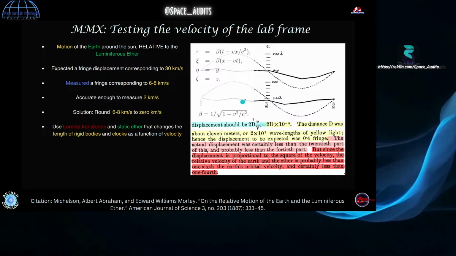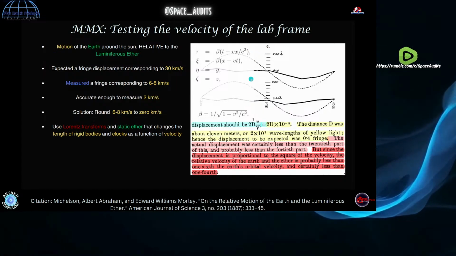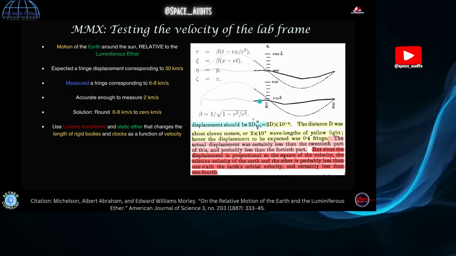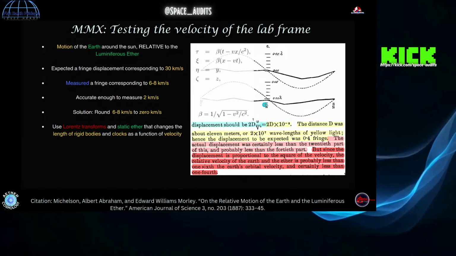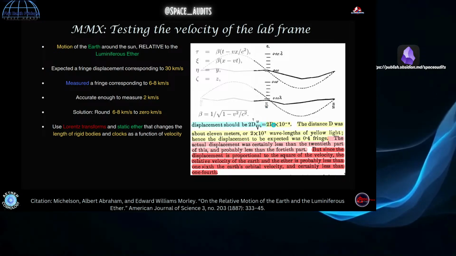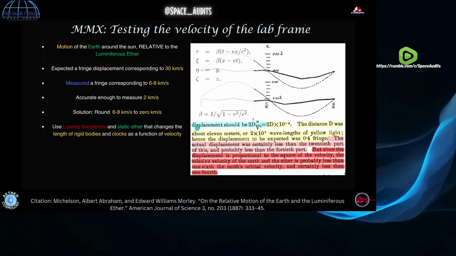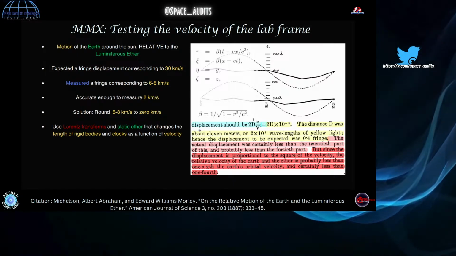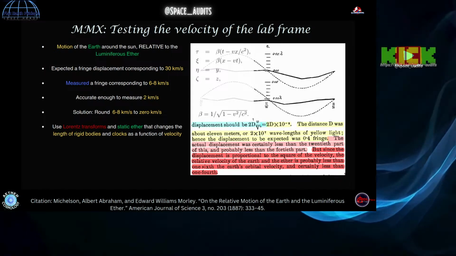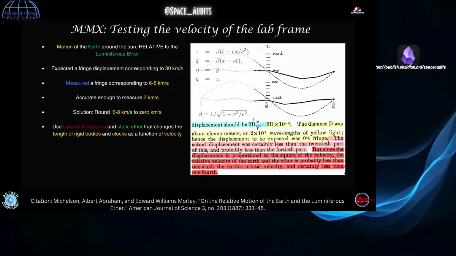So they were in quite a predicament, because now they had a measurement that was outside of experimental error tolerance, because their error tolerance was 2 kilometers a second and they measured 6 to 8. They go on to say later in their paper that Lorentz's explanation, and Stokes's and Fresnel's that were put forward to explain Airy's failure, weren't valid if you use these measurements, because they're too big.